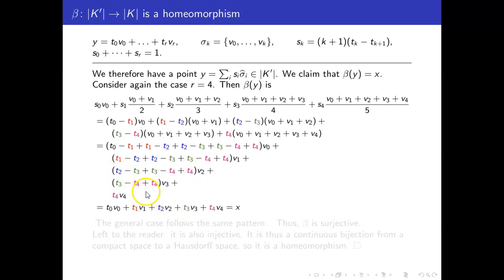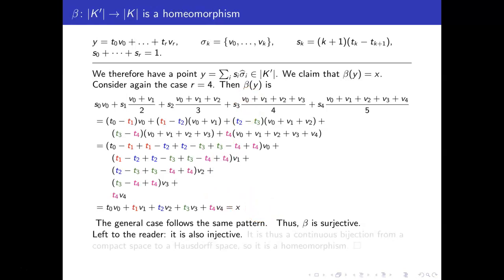So following through all that cancellation, we just get t0 v0 plus t1 v1 plus t2 v2, t3 v3, t4 v4, and that's just equal to the original x. Again, it works in exactly the same way if r is different from 4. So what we've shown here is that beta is surjective. For any point x in the realization of K, we've produced a point y such that beta of y is equal to x.